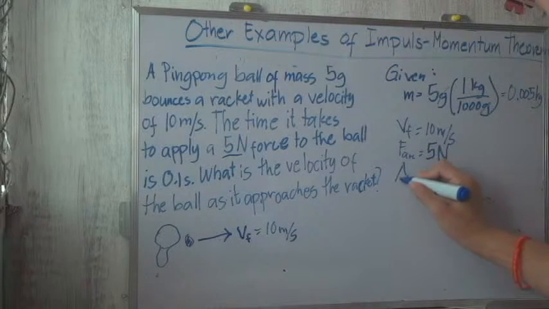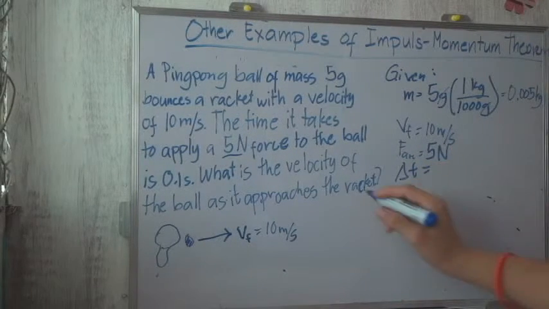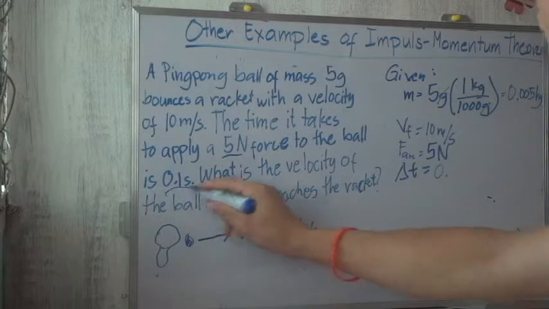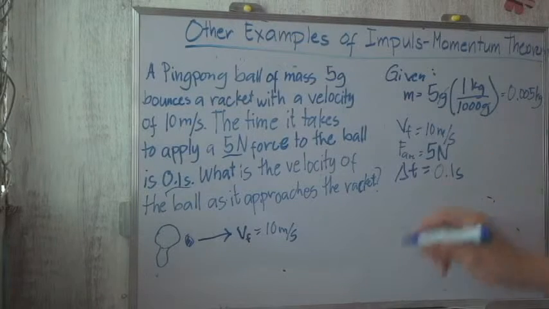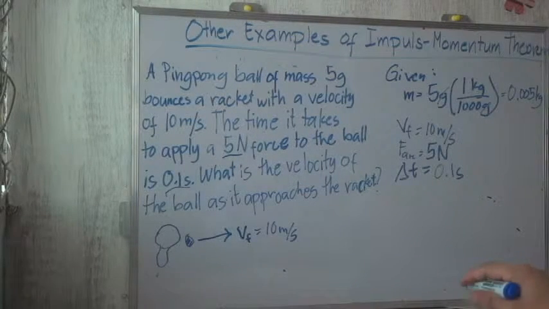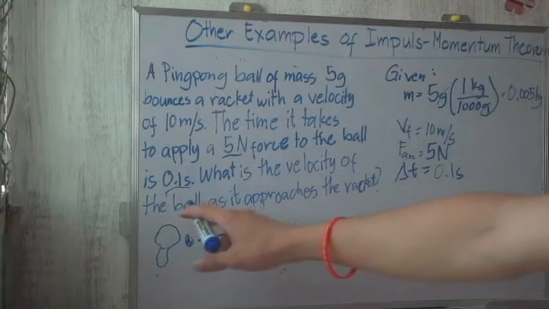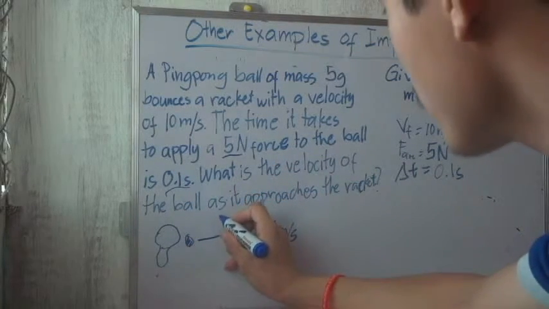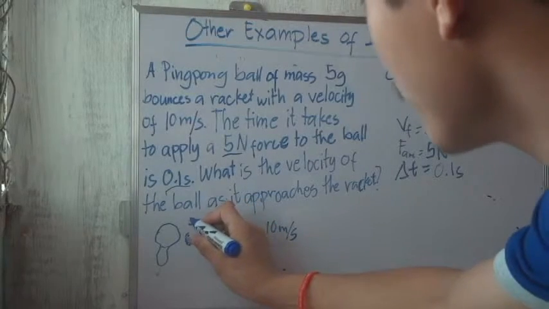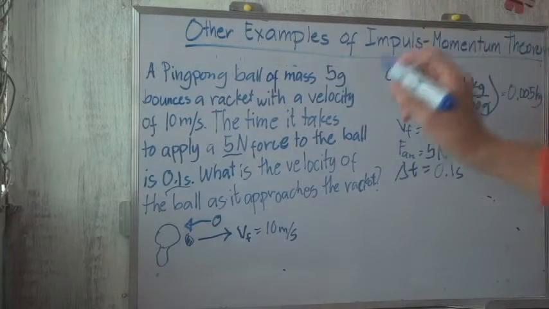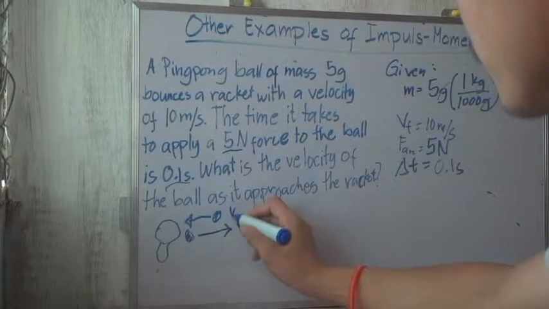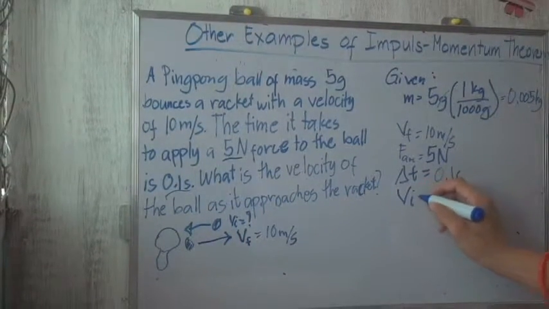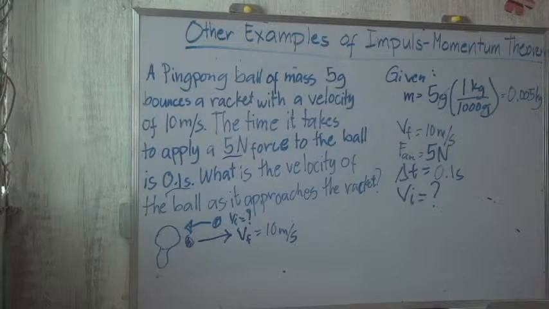O ang change in time nga 0.1 second. So atong ginapangita is what is the velocity of the ball as it approaches the racket. So unsa daw ang velocity sa bola kung gapaingon pa siya sa racket, velocity initial. So atong ginapangita is ang initial velocity.